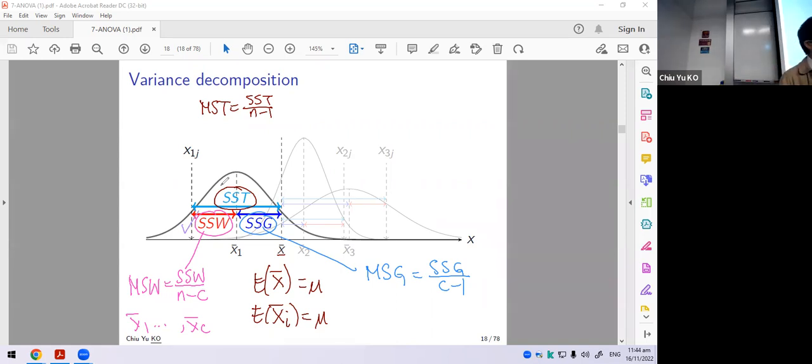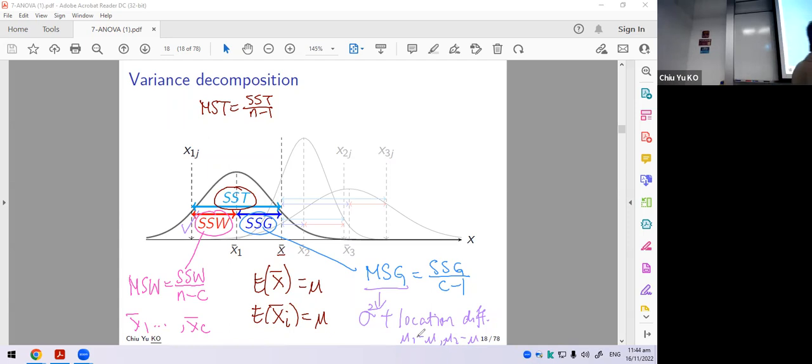If the means are different, it will contain not only sigma, the sampling error, but also the location difference. So this one contains sigma plus the location difference, which is the difference between mu1 and mu, mu2 and mu, and so on.